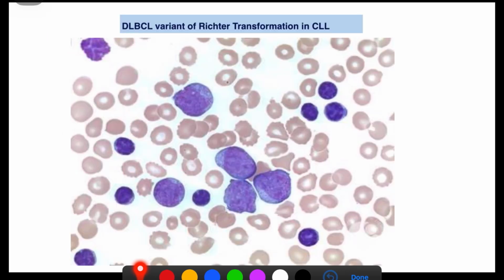So this smear shows small lymphocytes, but here Richter's transformation gives these enlarged or large cells in this smear.